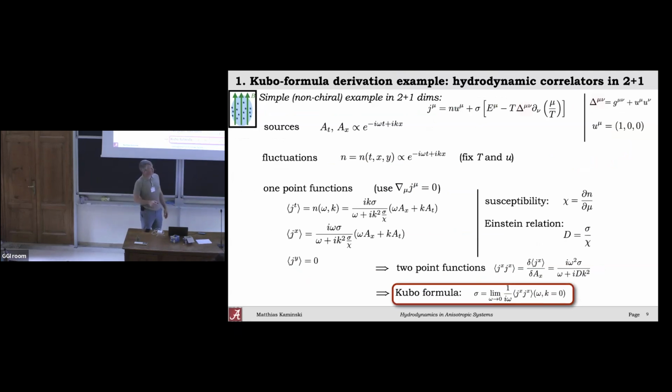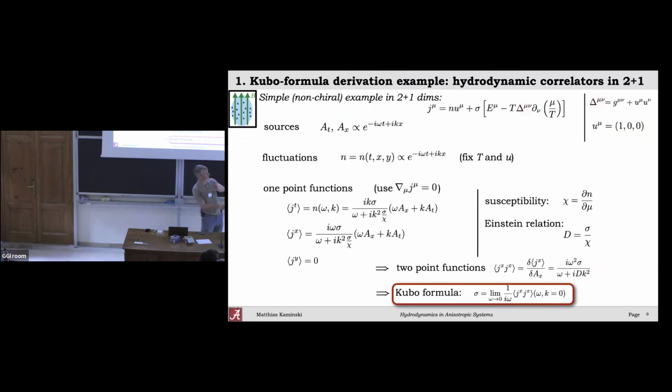I did not want to go through this in detail because I'm sure everybody has seen a Kubo relation. A Kubo relation relates a transport coefficient to a two-point function, and what I just said is the method to derive it. Just in a simple example, in 2 plus 1 dimensions, you have a current that has some sort of constitutive equation. This is just an example.